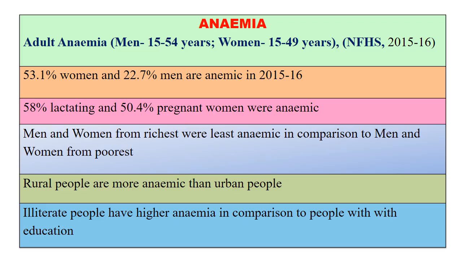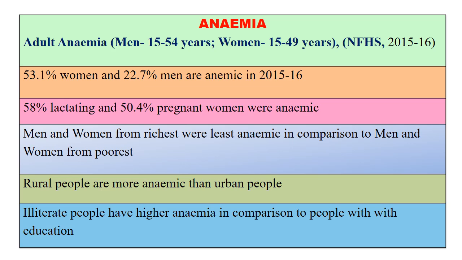Anemia is more prevalent in women due to menstrual bleeding. In 2015-16, it was also found that 58% of lactating and 50% of pregnant women were anemic.